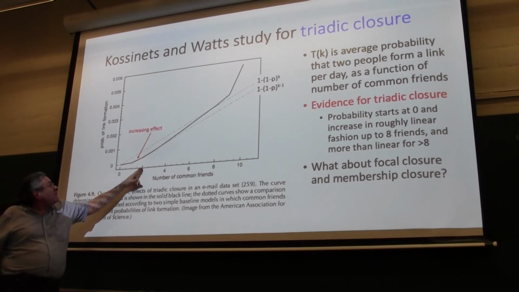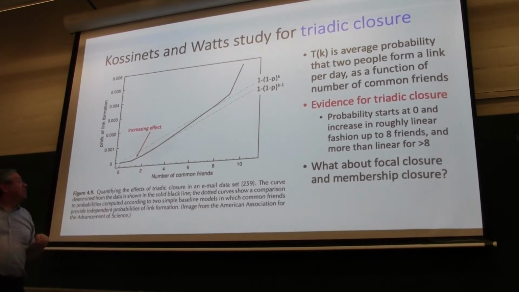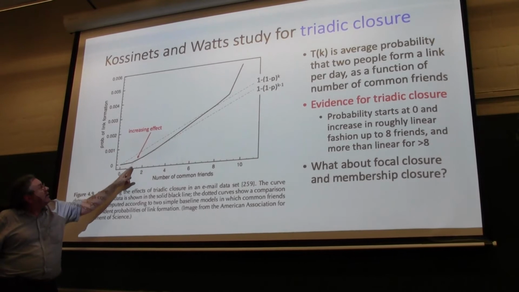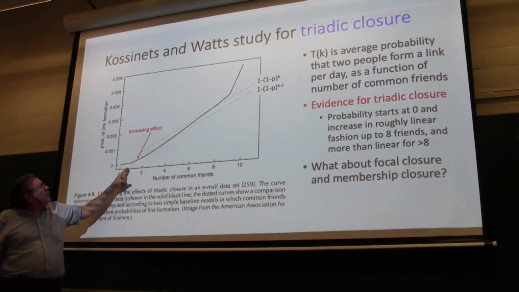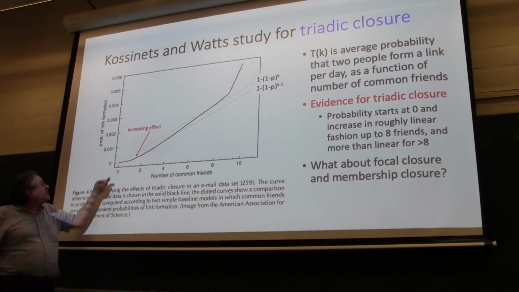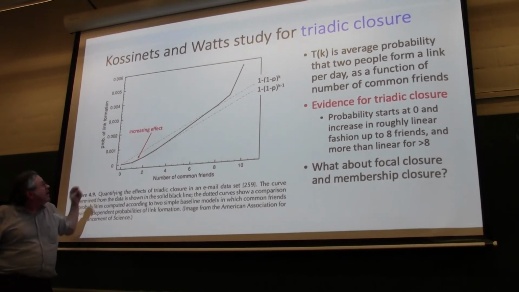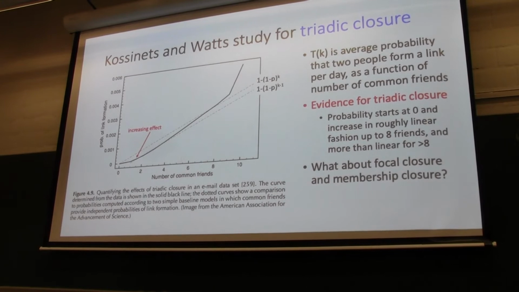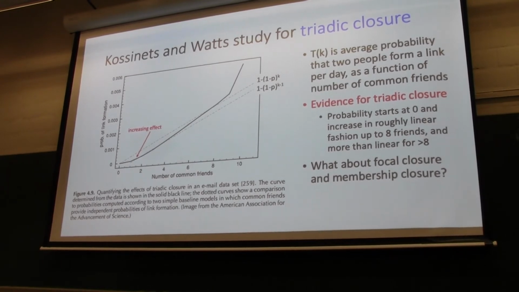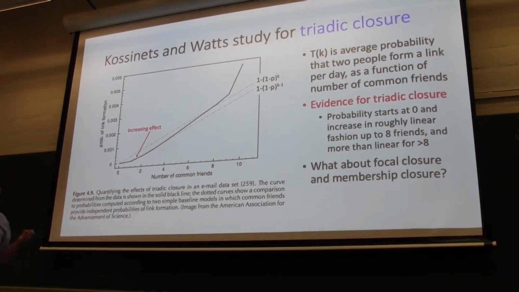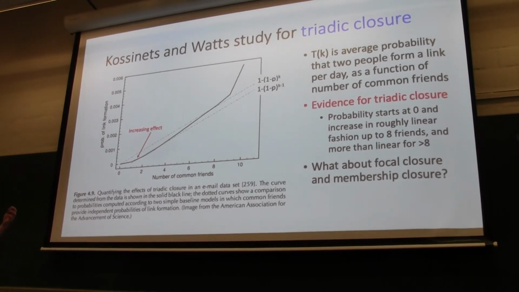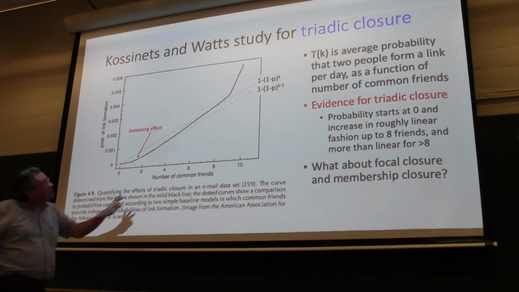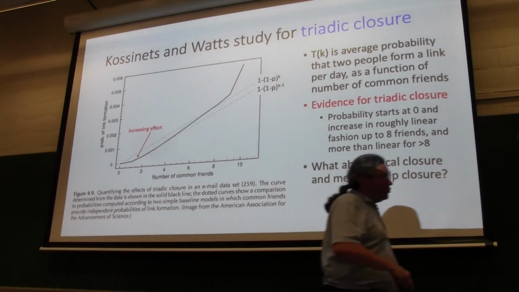But if you have 2 friends in common, it's much more. So it's like it's really only starting at 1, okay? 0 and 1 are like the same. This is almost horizontal. Why is that? I'm not so sure. You have to ask sociologists, huh? It's not enough to have 1 friend in common somehow, but if you have 2 in common, that somehow increases the chance much more. Okay, so that's triadic closure.